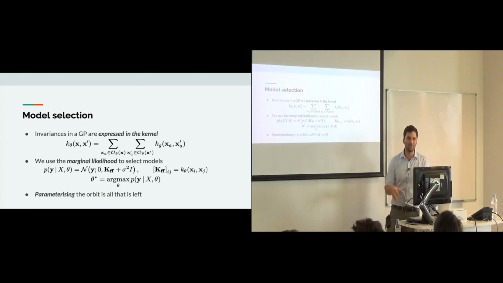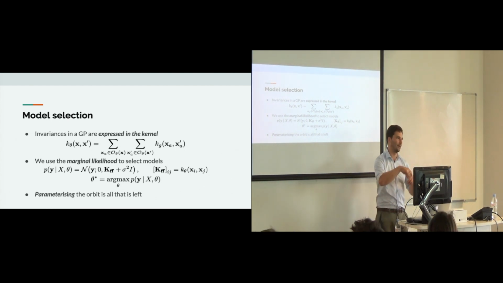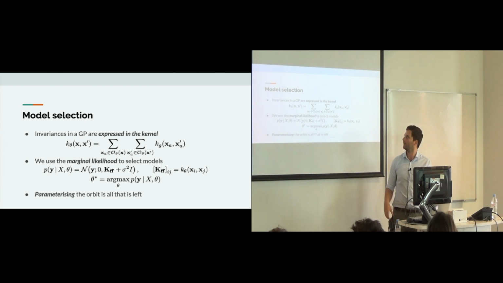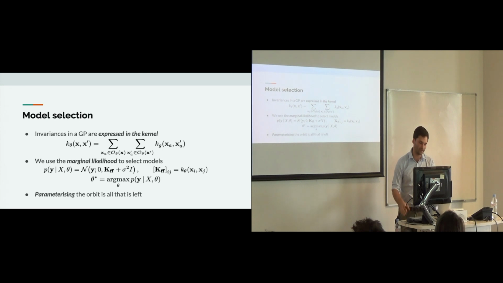So if we could just parameterize this orbit, and in doing so parameterize a whole bunch of invariances, then we could parameterize a whole bunch of kernels that have different invariances in them, and we could learn the parameter of the orbit simply by maximizing the marginal likelihood. So conceptually, I'm thinking about this in exactly the same way as kernel hyperparameter selection. But the challenge is in parameterizing the kernels with different invariances.